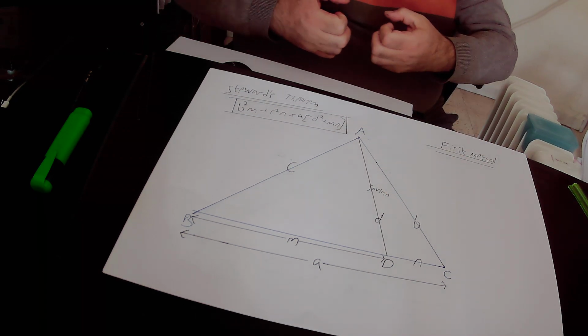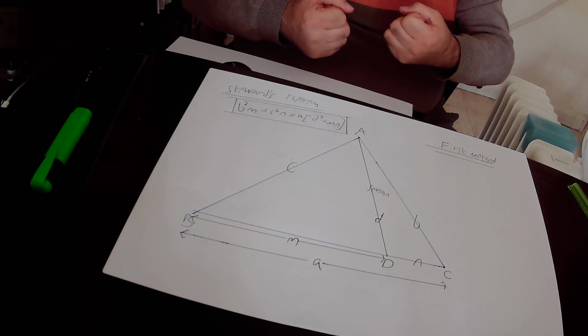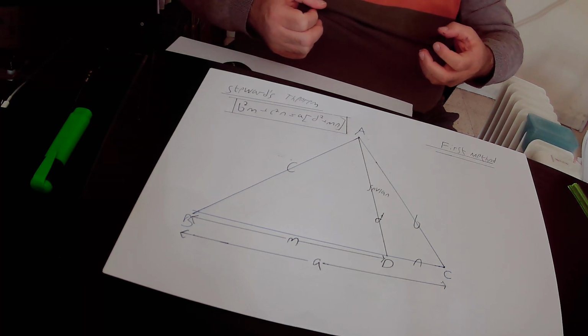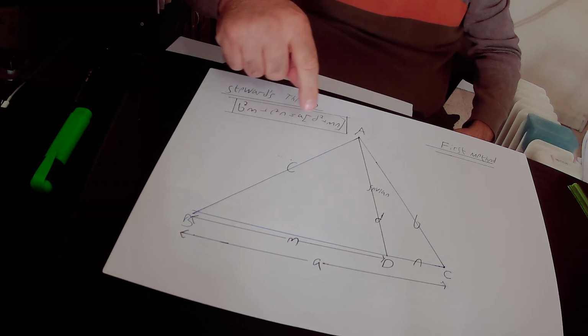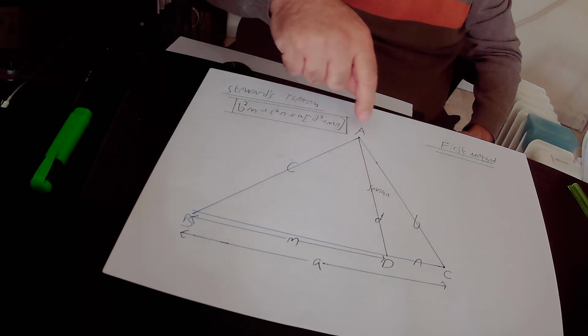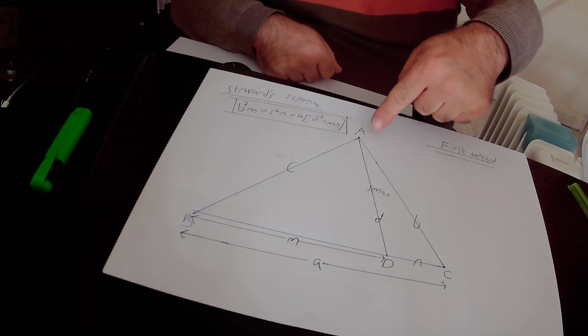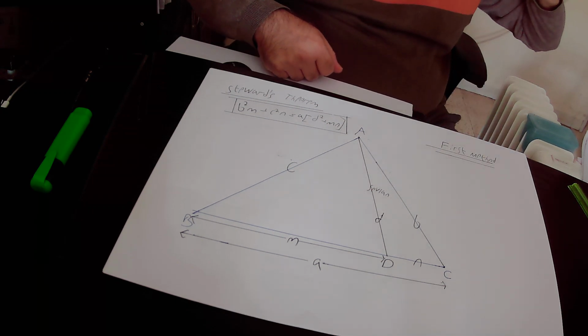So, I repeat again, Stewart's theorem yields a relation between the lengths of the sides of the triangle and the length of the cevian AD, which is d units.